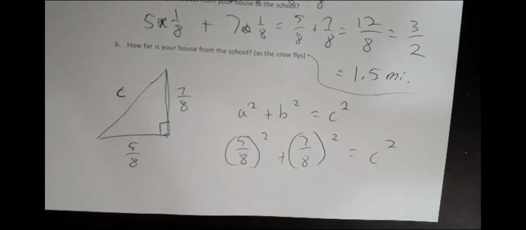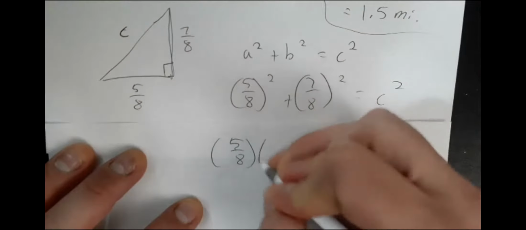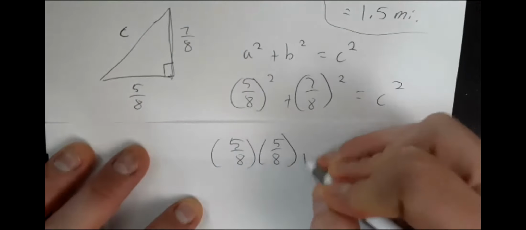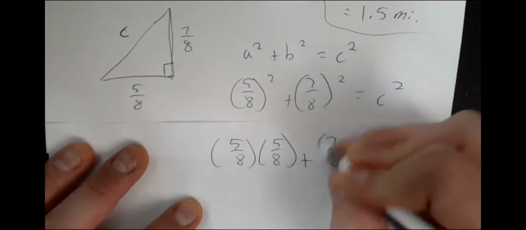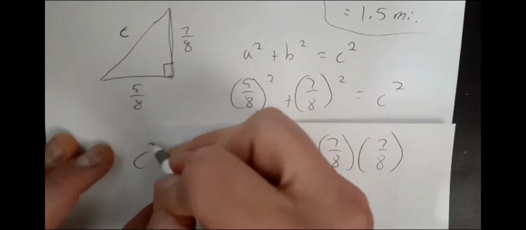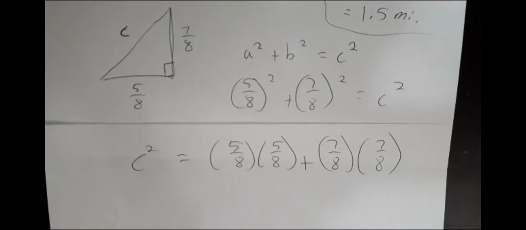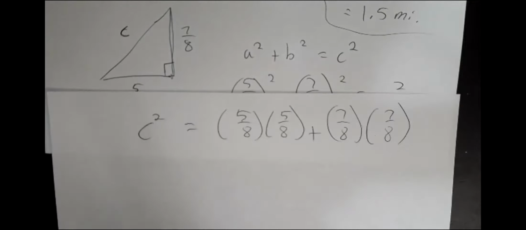You want to be careful here. If you have to write it out twice, you can write it out twice. This is 5/8 times 5/8. We know the definition of a square is a number multiplying itself. I'm going to put my c squared over on the left side. This is 25/64.